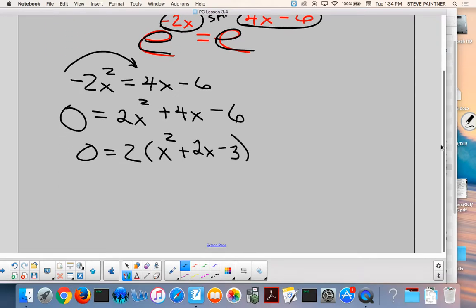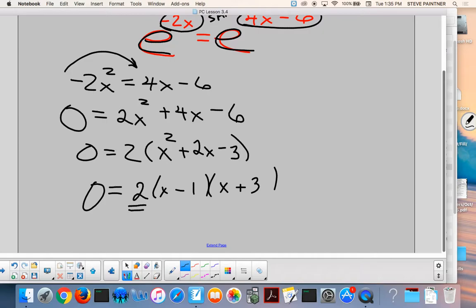2 times (x minus 1) times (x plus 3) equals 0. So when will this times this be 0? You have 3 factors. When will this be 0, by the way?